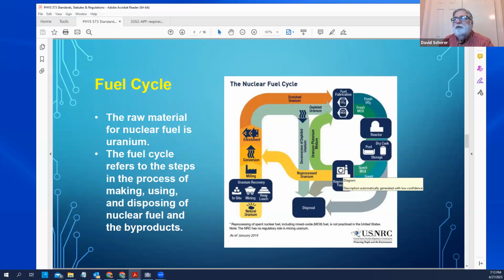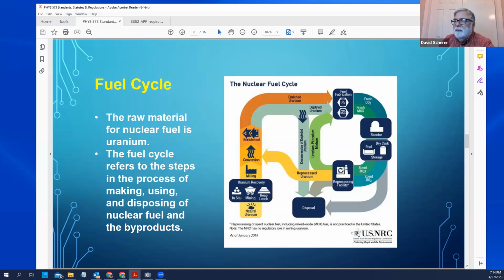It also has produced plutonium in the fission process, so that uranium can be removed. The uranium could then be returned to the feedstock and used again to produce more fuel. The plutonium can also be used to produce fuel. This MOX fuel mentioned here is mixed oxide fuel. It contains both uranium and plutonium.